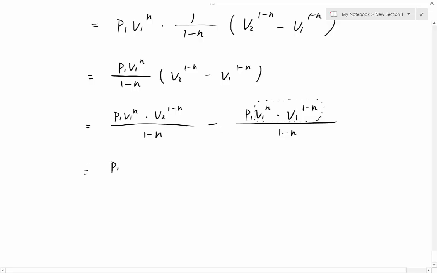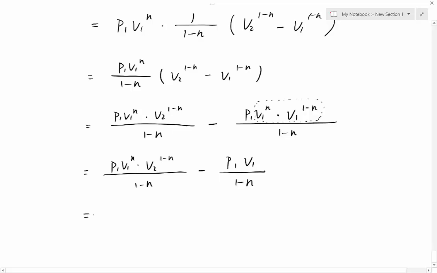So it's P1V1^n times V2 to the 1 minus n over 1 minus n, minus P1. If you combine them, what will it become? V1, and what is the new index? n plus 1 minus n. So the index will just be 1: P1V1 over 1 minus n.